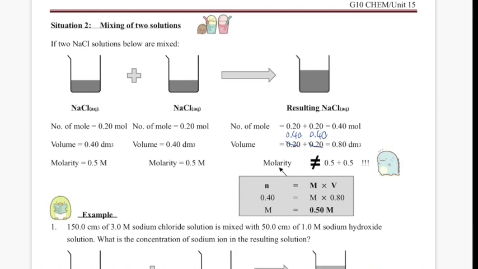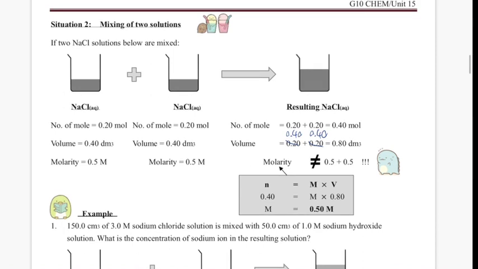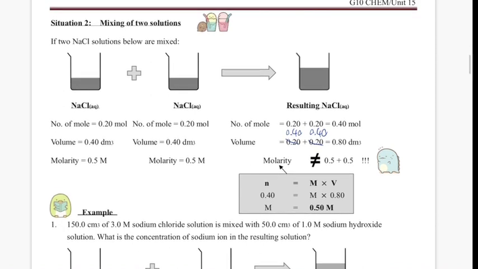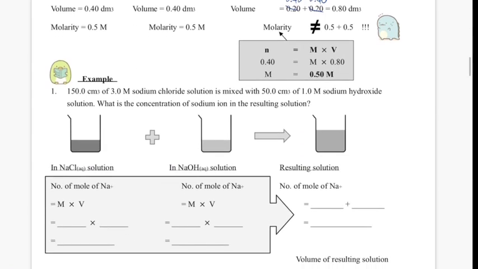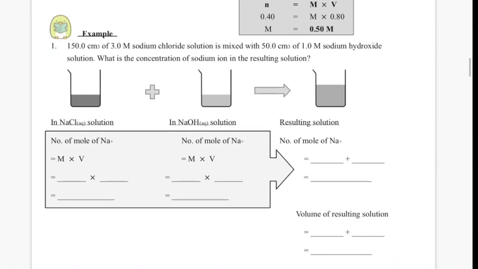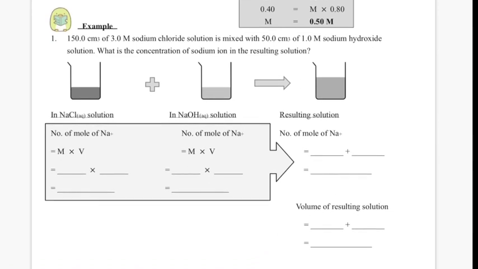So whenever you are mixing two solutions, never just directly add the molarity, but you need to follow the formula and do it step by step to work it out. Okay, again, let's try the example here. So here we got 150 cm cube of 3 molar sodium chloride solution. That's our solution 1.